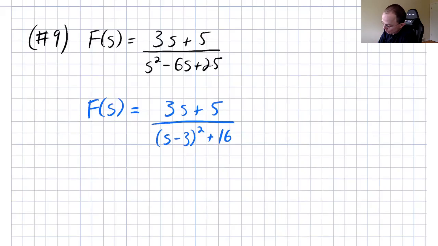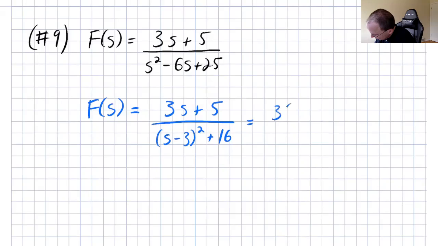But we need to make sure that wherever there's an s, it's always in this form, s minus 3. But in the top, we just have an s. So what we'd like to do is somehow make this an s minus 3, and then we'll be able to use the translation rule. So let's do that now.